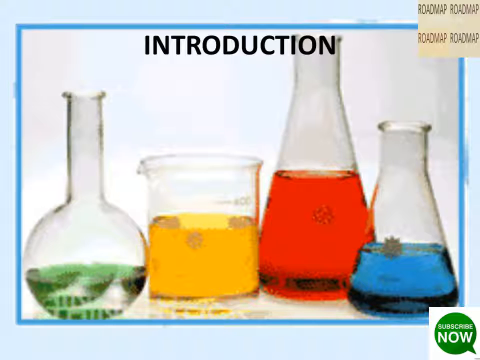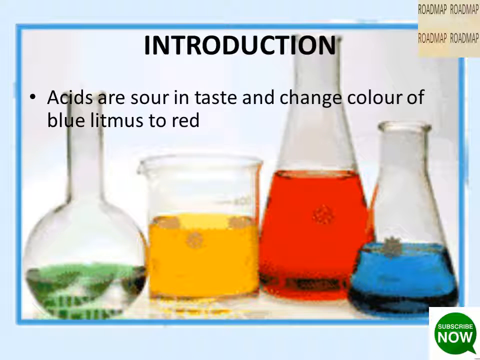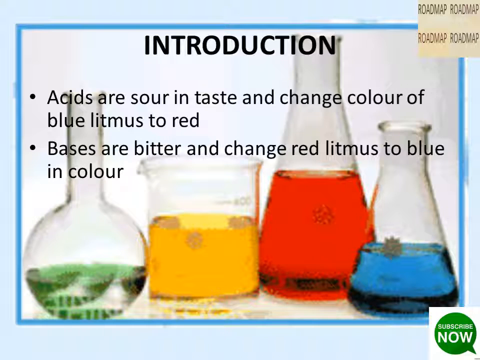Recall how we tasted sour and bitter substances without testing them. Now you already know that acids are sour in taste and change the color of blue litmus to red, and bases are bitter and change the color of the red litmus to blue.